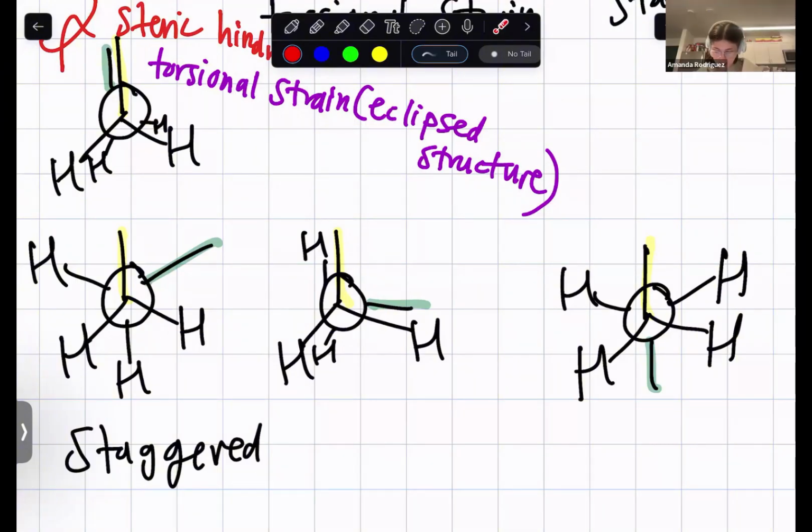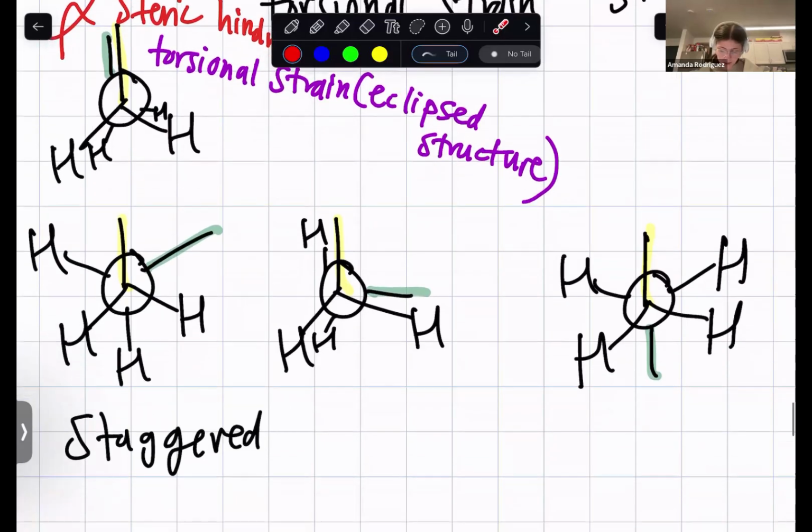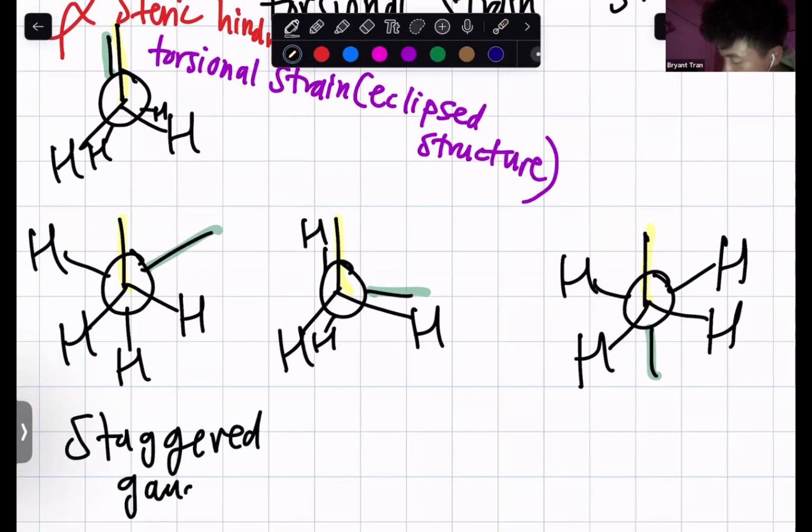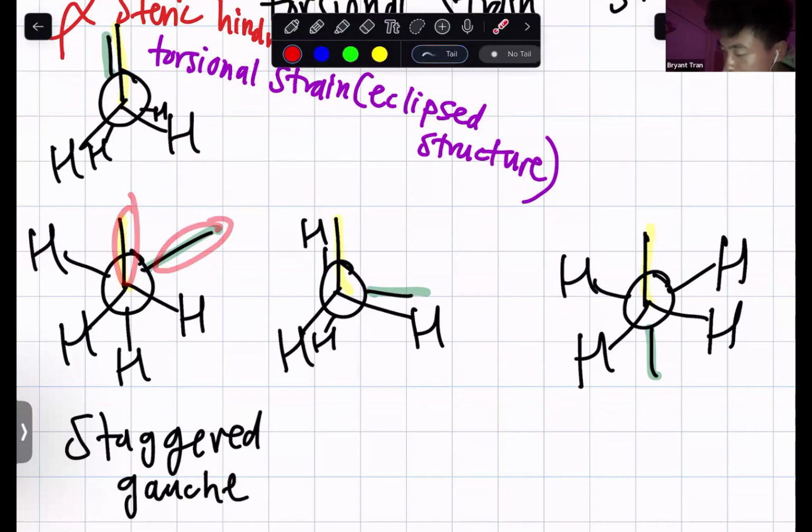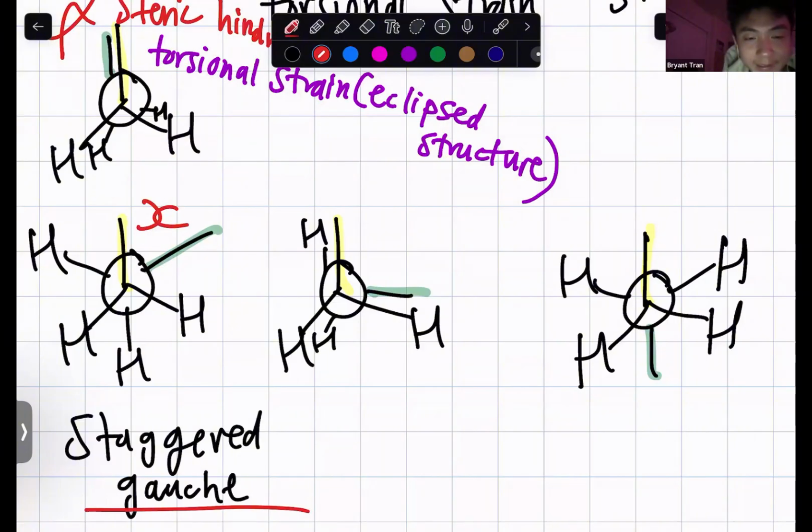Would it be gauche? Yes, gauche. Gauche means that the two bulkiest groups, which is this and this, are right next to each other, which is gonna bump into each other and have steric hindrance, and that's gauche right there. Right. Staggered is an umbrella term, which includes gauche and anti.